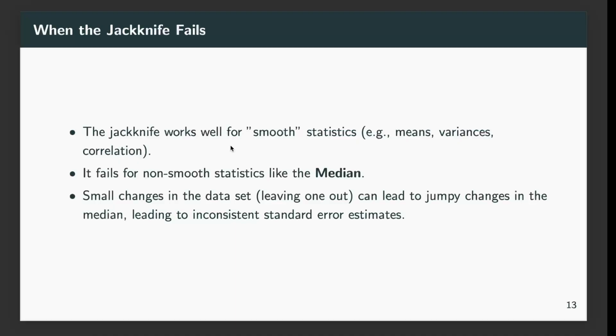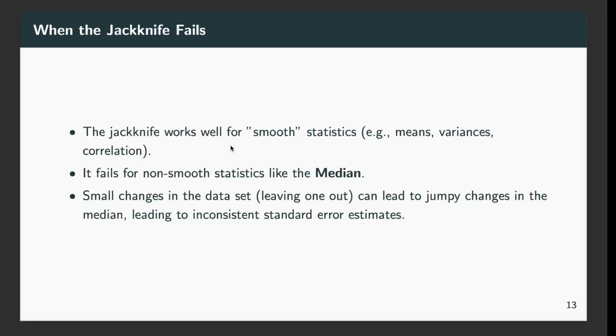A smooth statistic is one that changes continuously and gradually as the data change. If you change one observation by a very, very small amount, the smooth statistic will change correspondingly by a small amount. So for a smooth statistic, if you leave one observation out at a time, it will give you a good sense of how much the statistic varies across the different samples.